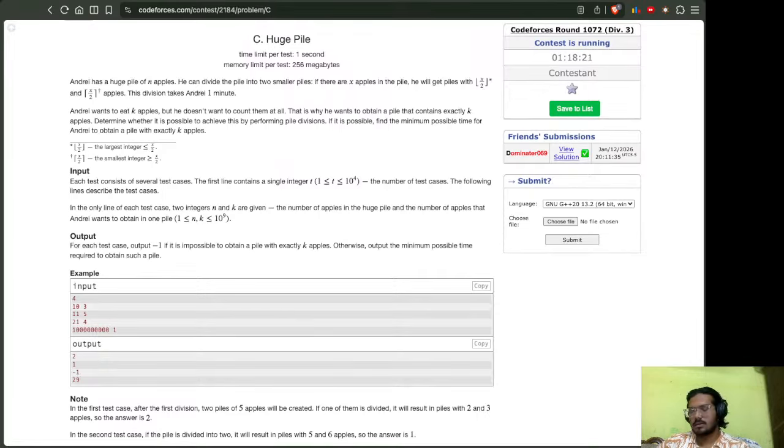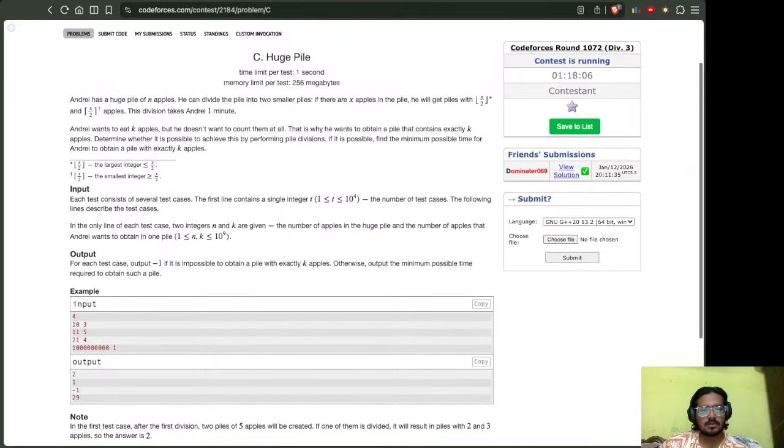With 10 to the power 9, the whole number can be divided max 29 times. No, recursion will not cut it. I know I need to check all the piles for the answer.